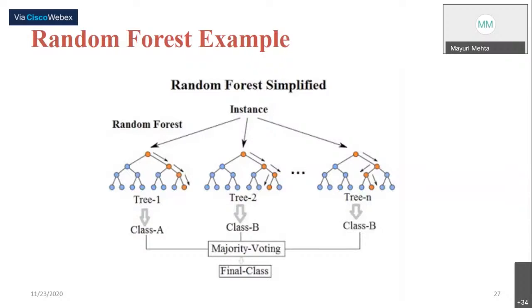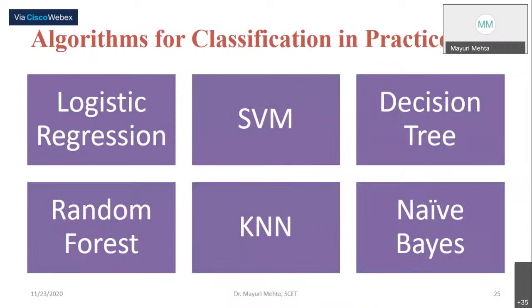The only hyperparameter that you need to tune in this random forest algorithm is k, the number of trees. Normally the model will perform better with larger k, but it will increase the computational cost drastically when k is larger. So this is the only hyperparameter we have to set in the random forest algorithm.